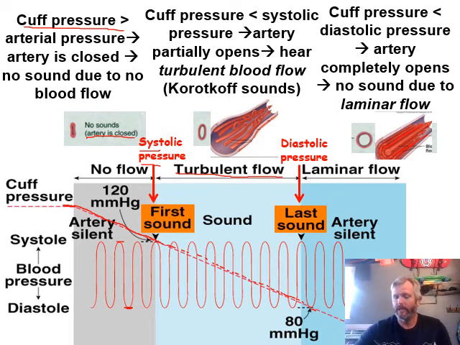So as you're listening to the stethoscope and looking at the gauge, when you lose the sound, you mark that as the diastolic pressure. Okay, and then as you drop it down, the artery is fully open. All right, so first carotid cough sound is going to be systolic pressure, and after you lose the sound, that is the diastolic pressure.